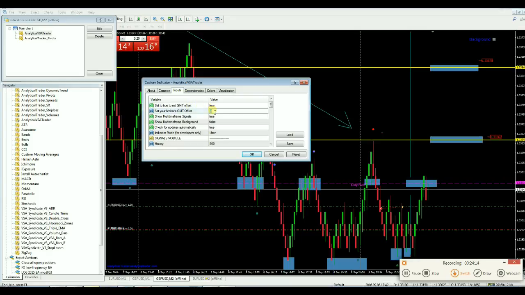Some brokers are 3 hours GMT offset. The GMT offset is what makes some of these indicators plot these lines differently depending on the broker.